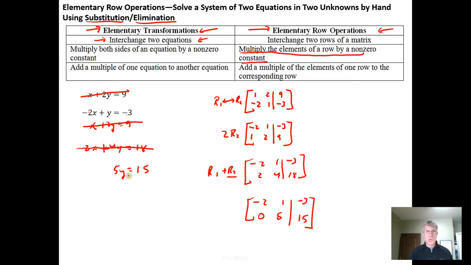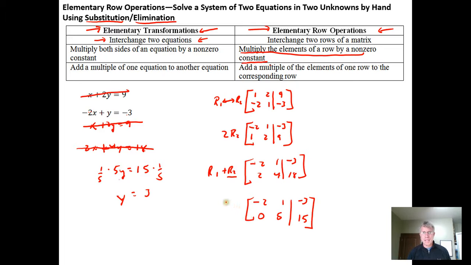And of course, you know what you would usually do next if you were solving this system is you would actually multiply this equation by a fifth or divide both sides by 5. So if we multiplied both sides by a fifth, which is multiplying the elements of a row by a non-zero constant, the previous move we did is we added a multiple of the elements of one row to a corresponding row. You get 1y equals 3.